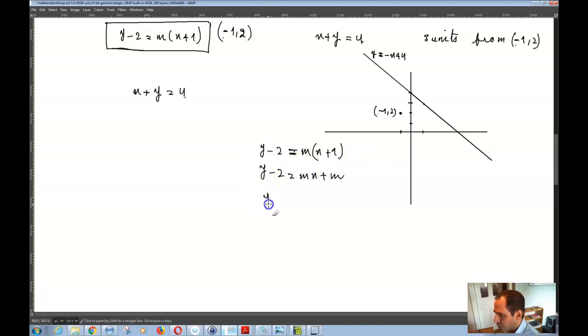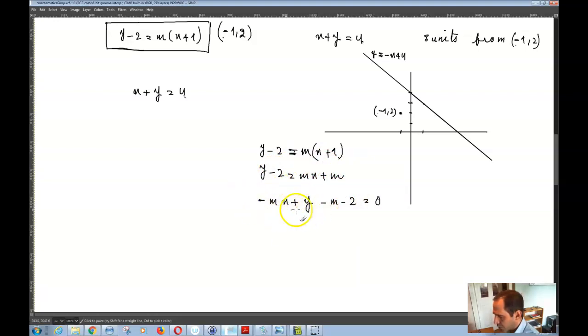I can write this as negative mx plus y minus 2 minus m is equal to 0.